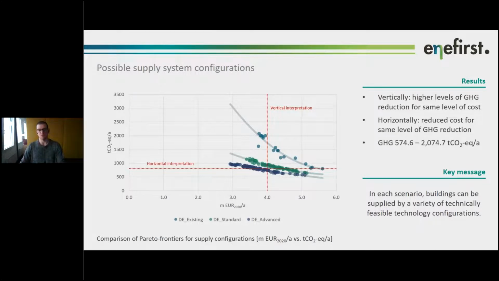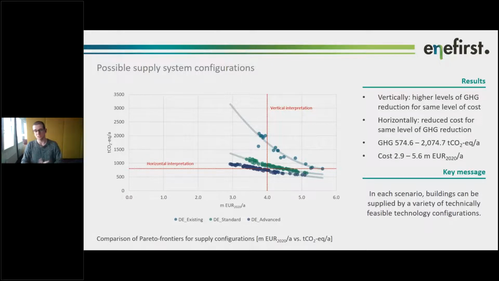Overall, the greenhouse gas levels of these system configurations are somewhere between 500 and 2,000 tons of CO2 per year, and costs range between 2.9 and 5.6 million euros per year, which is quite a difference already. You may wonder why greenhouse gases do not go down to 0. This is because we here represent the average CO2 intensity of all energy carriers up until 2050, which also implies that electricity, at least now, is definitely not carbon neutral.